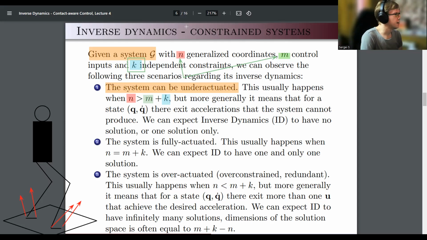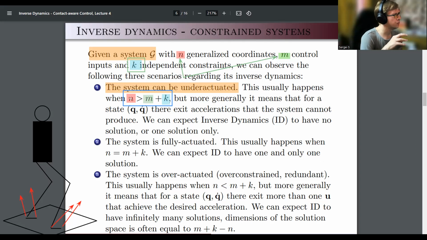All right, and to describe this situation in terms of actual variables, what we have is this. You have control inputs and you have independent constraints. Their sum, if it is still less than n, you will still have underactuation. This is not a law.